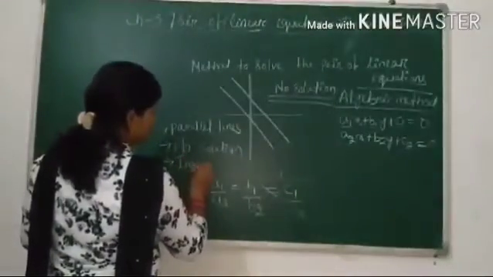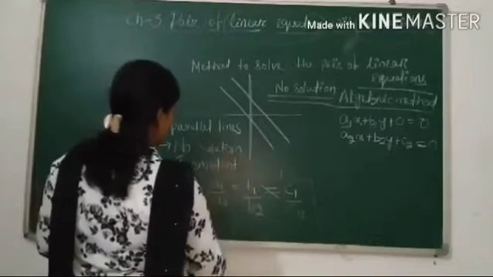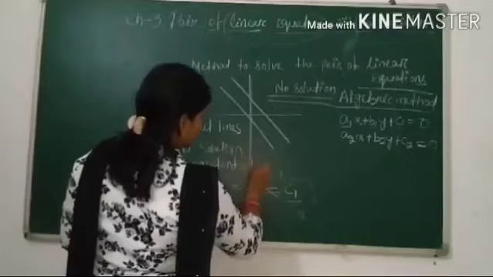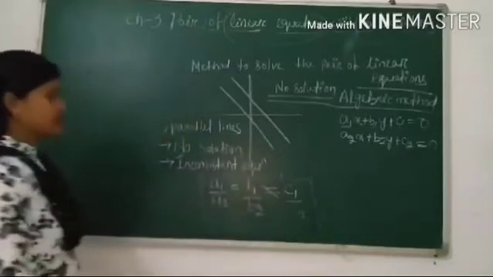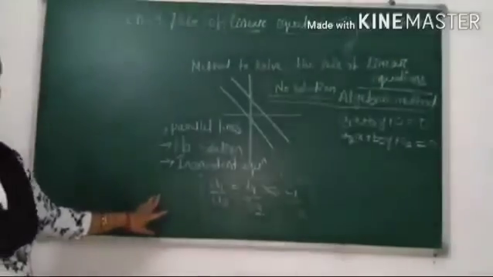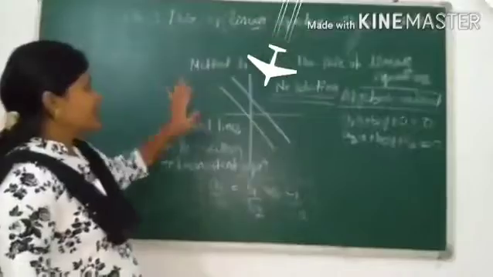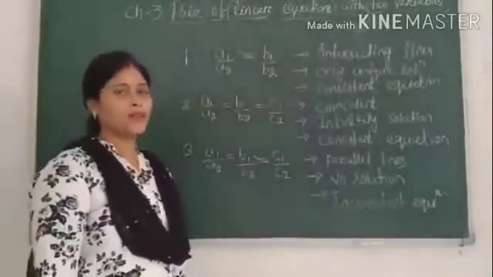So here write down inconsistent equation. Got it? Hope you understood. So we discussed, let's summarize once again what you have studied.